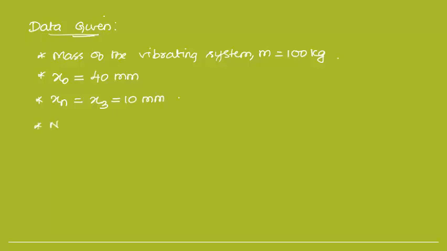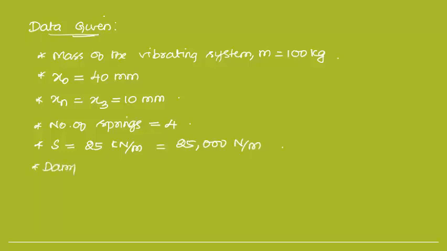Number of springs provided to the setup are 4. Stiffness of each spring s is equal to 25 kilonewton per meter, so that is 25,000 Newton per meter. Damping velocity is 1 meter per second. That is, it is asked to find out the resistance of the dashpot at the damping velocity of 1 meter per second.